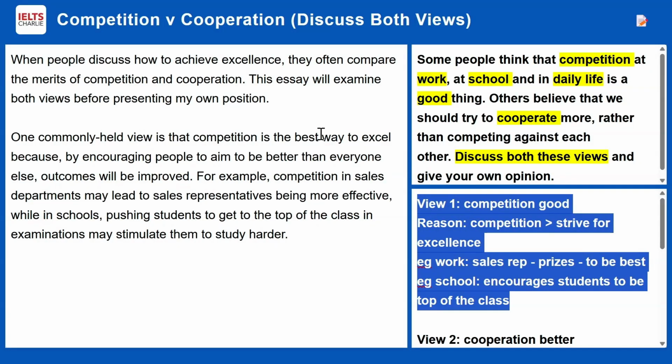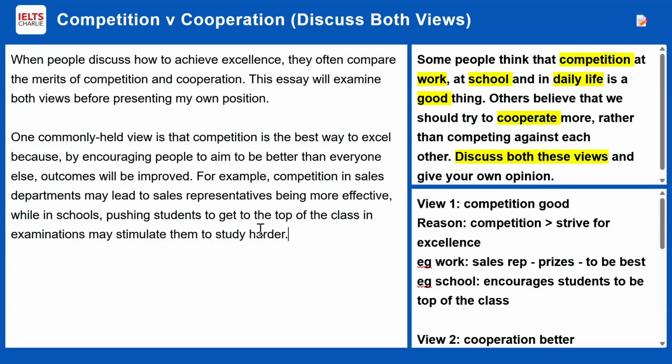One commonly held view is that competition is the best way to excel because by encouraging people to aim to be better than everyone else, outcomes will be improved. For example, competition in sales departments may lead to sales representatives being more effective, while in schools, pushing students to get to the top of the class in examinations may stimulate them to study harder.